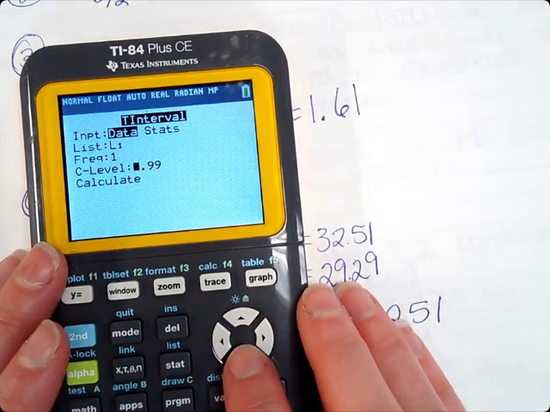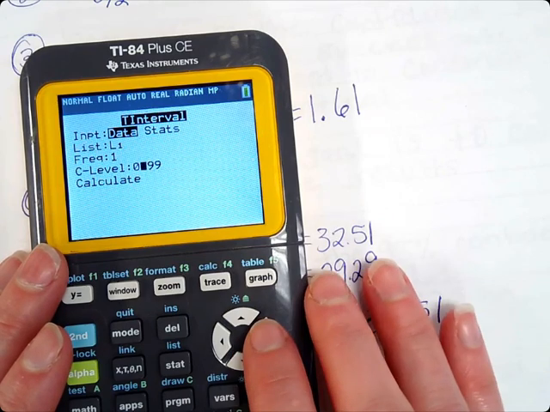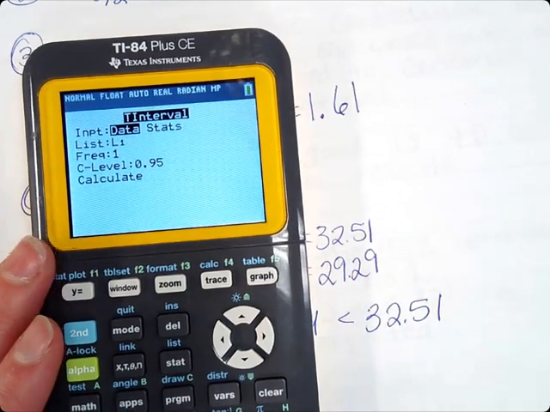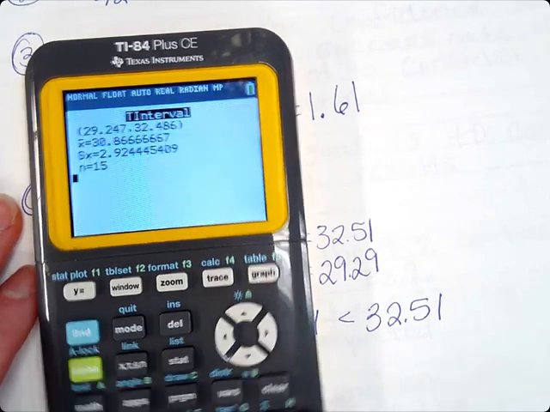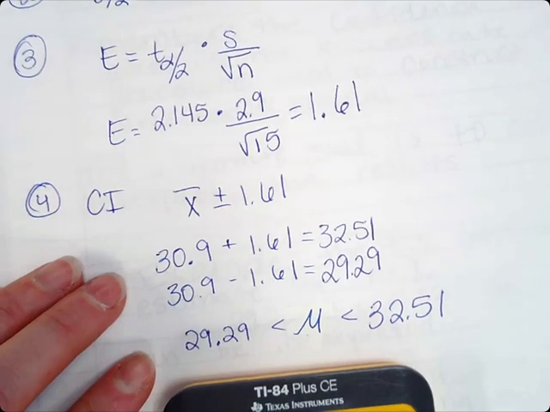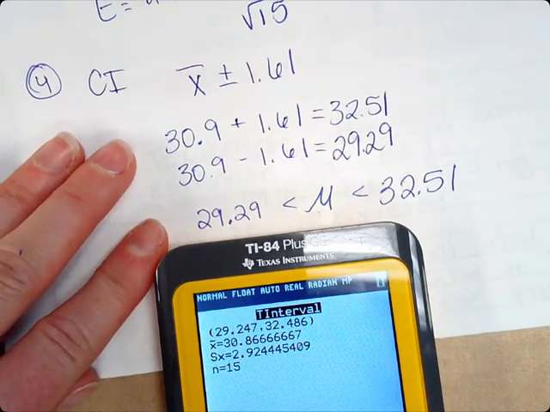What do we need to change that's not right here? 99. Yeah, what are we doing, 95? Okay, so 0.95. Calculate. So let's compare them. Oh, there we go. So that's if you're using the actual data.